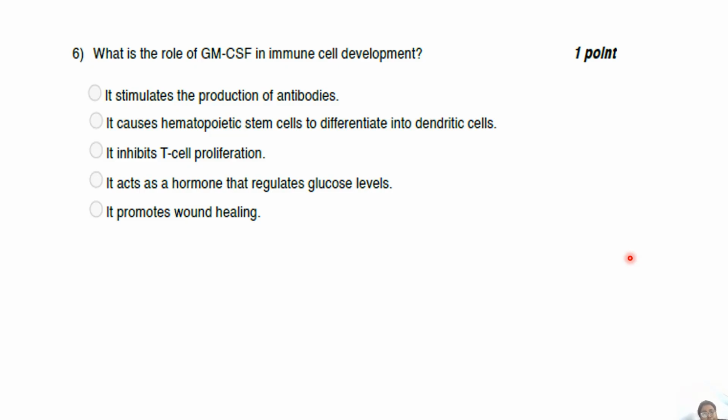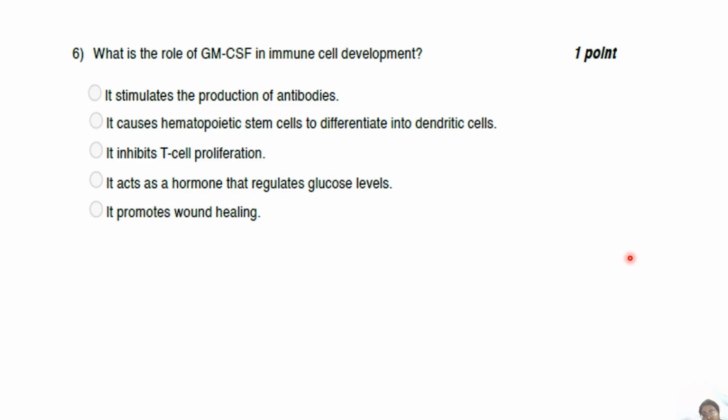I'll repeat the question again. What is the role of GM-CSF in immune cell development? Option A, it stimulates the production of antibodies. Option B, it causes hematopoietic stem cells to differentiate into dendritic cells. Option C, it inhibits T cell proliferation.